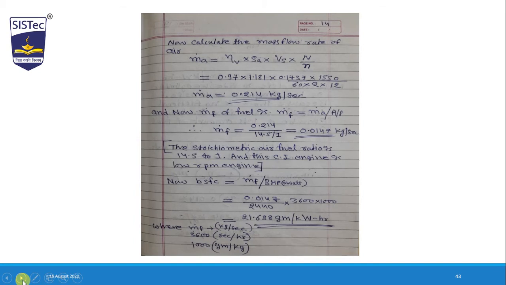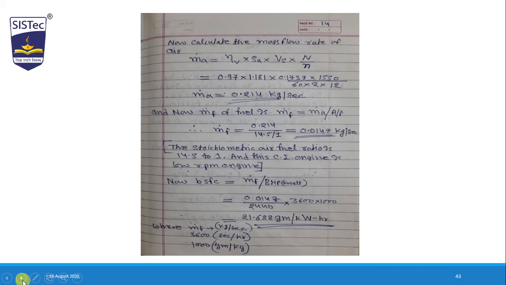Now calculate the mass flow rate of air. As we know from the previous problem, the mass flow rate of air equals volumetric efficiency into density of air into swept volume into RPM, that is represented by capital N, divided by number of cylinders, which is represented by small n, and divided by 60 for getting the mass flow rate in seconds.